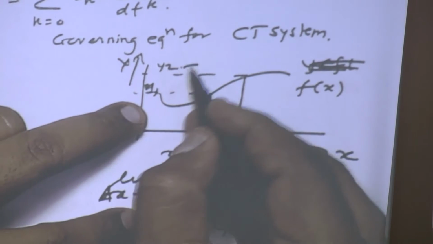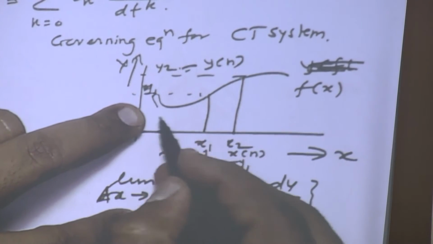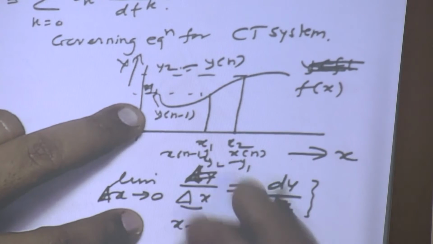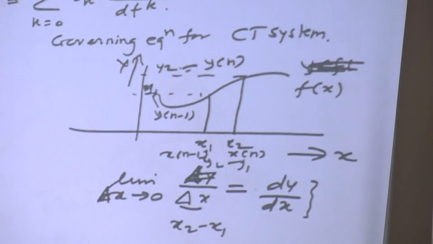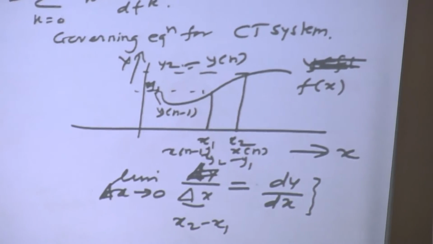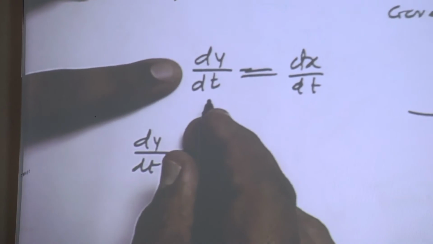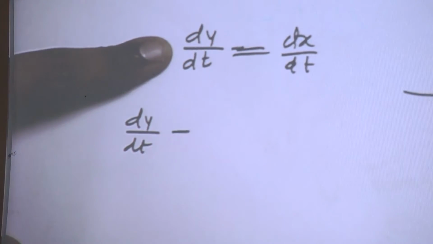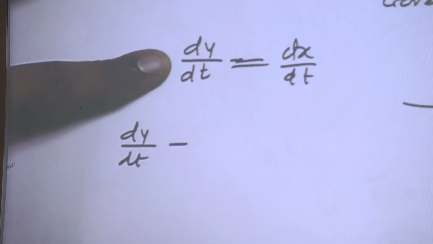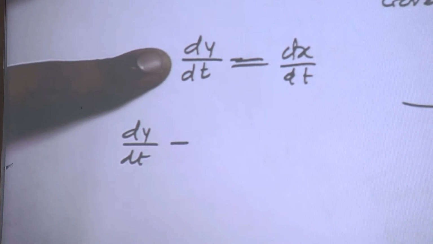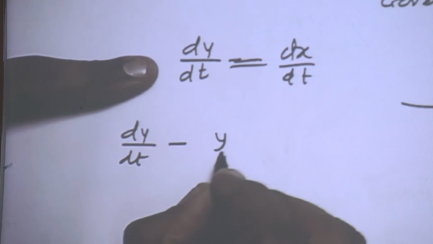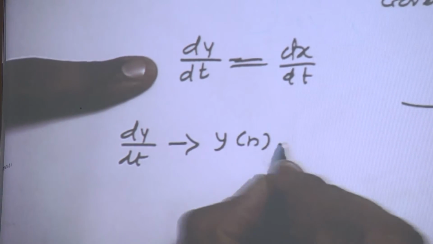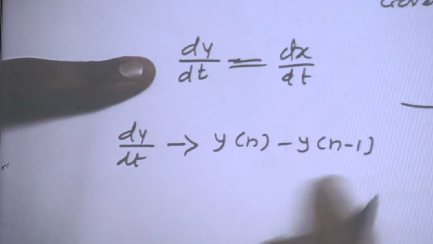If this is treated as y of n, what is this going to be treated as? Y of n minus 1. So in general, I can write dy by dt. Now here it is a function of time t, and what is t2 minus t1? It is going to be capital T, it is going to be 1. So I forget about that, and then I write dy by dt as y of n minus y of n minus 1.